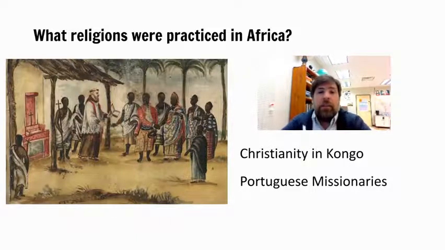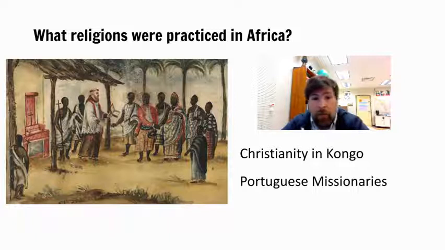Another place where Christianity entered Africa was through missionaries in the Congo. The rulers of Congo wanted to trade with the Portuguese, and the Portuguese were very interested in getting the people of Congo to convert to Christianity. So, in order to create a better trading relationship, the king of Congo converted to Christianity, and apparently was super into it and a very devout Roman Catholic Christian.